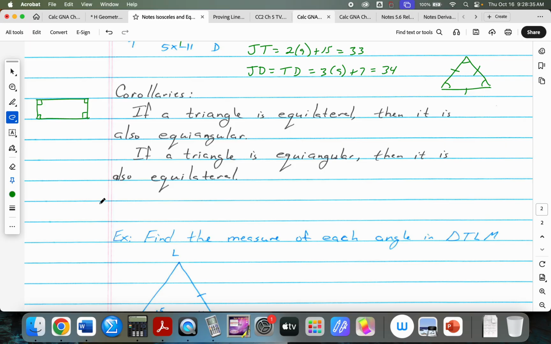Melody, was that you? Yeah. It's a rhombus. A rhombus is like a square that got pushed part way over. Only in triangles do we know that if the triangle's equilateral, it's equiangular and vice versa. It doesn't work for any other polygon.